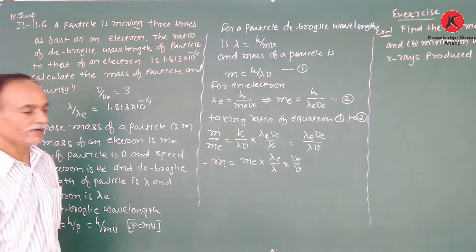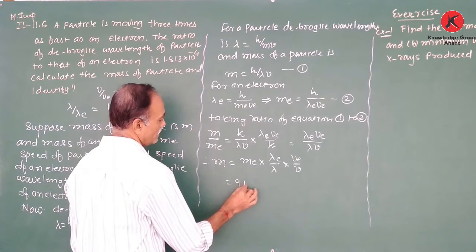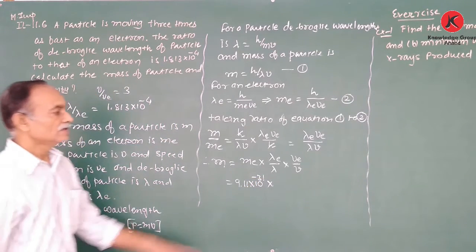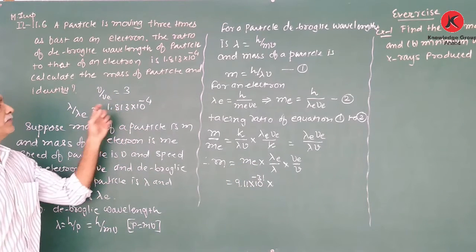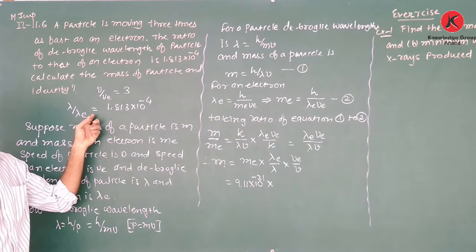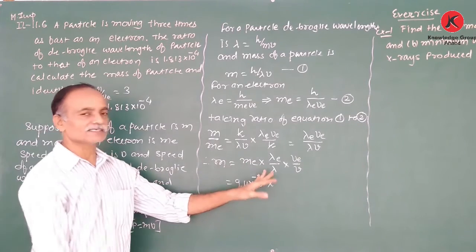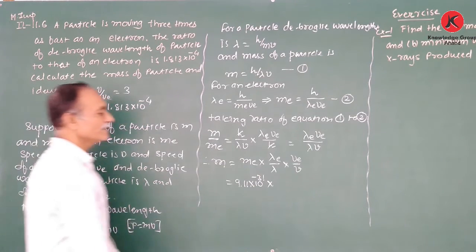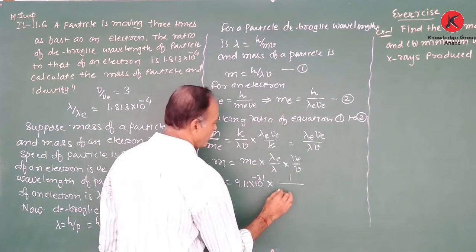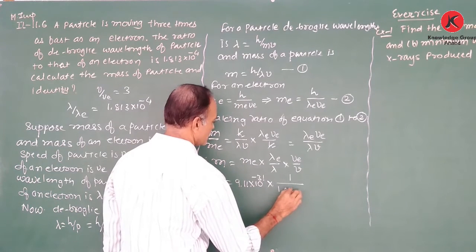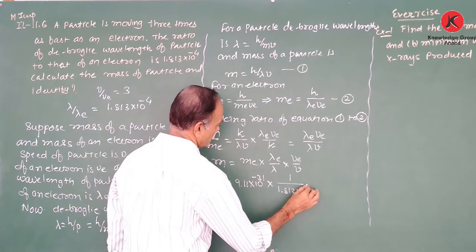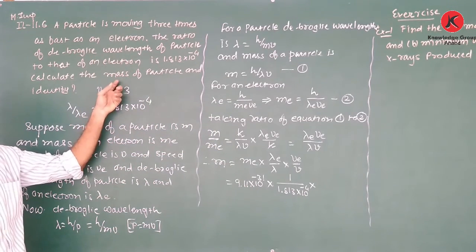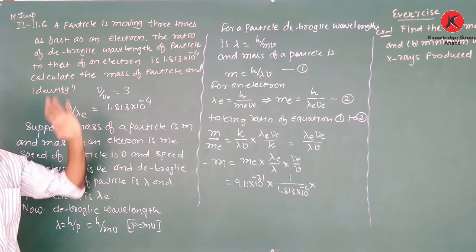The mass of the electron we know: 9.11 into 10 raised to minus 31 kg. The ratio of wavelength of particle to wavelength of an electron is given, but in our equation there is the inverse, lambda e upon lambda, therefore its value is in the denominator: 1 upon 1.813 into 10 raised to minus 4 into V upon V. Here the ratio of speed of particle to speed of electron is given as 3.